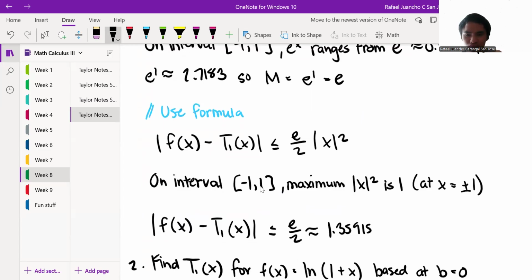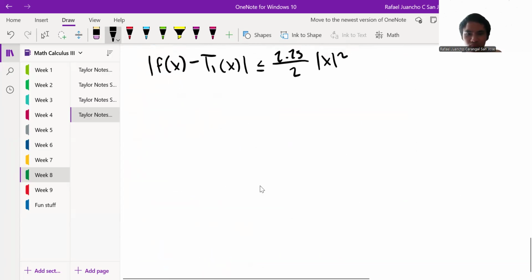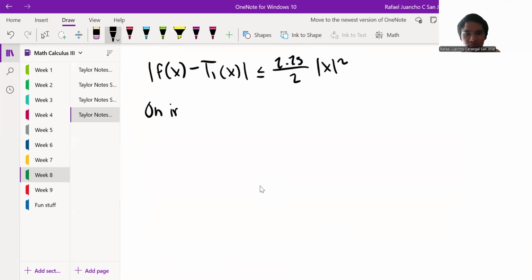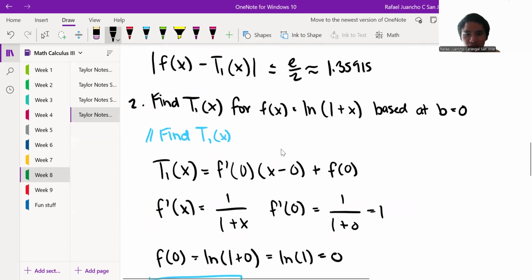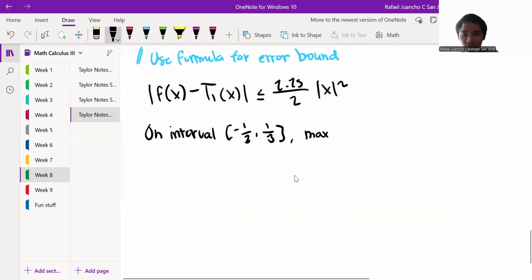So on this interval, the max of this thing is, well, actually, even if I plug both of them in, it would just give me 1/9, right?